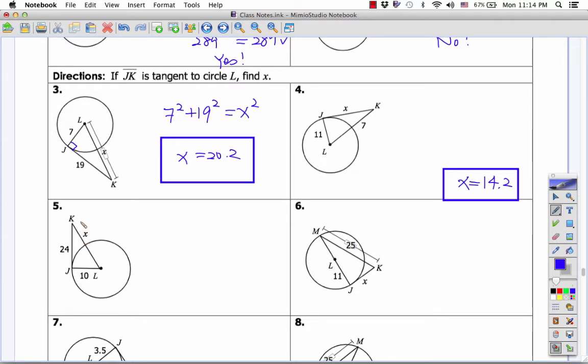Let's call this JK, let's call this point M. You may be wondering, is X representing KM or is X representing the entire length of KL? Now, if the entire length were represented, let's say if I use Y, this is what I would do, with little arrows, which indicates that Y represents the length of KL.